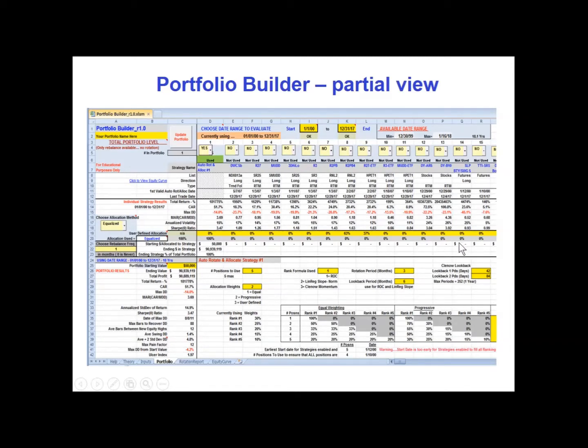So if you don't do that, what does the default do? With user defined, if you don't do user defined, you want to click this to change this box to equalized. So just equal weight. Will it error out if you don't have that?